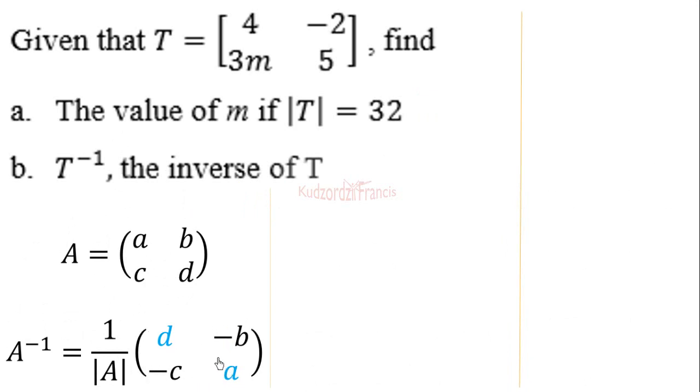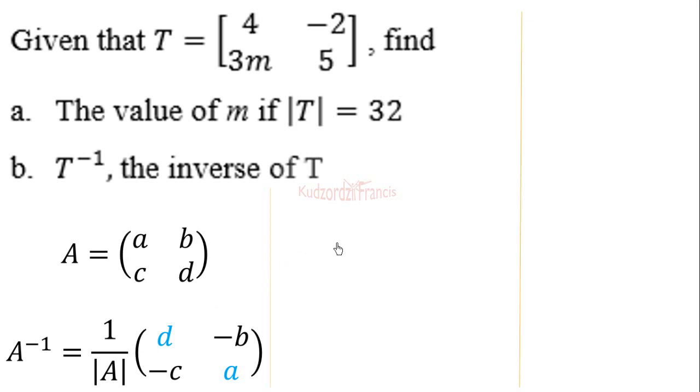Swap the entries of the leading diagonal, so the d comes here and the a comes here. Maintain the minor diagonal, but you negate them. So that is how we find the inverse of a 2 by 2 matrix.